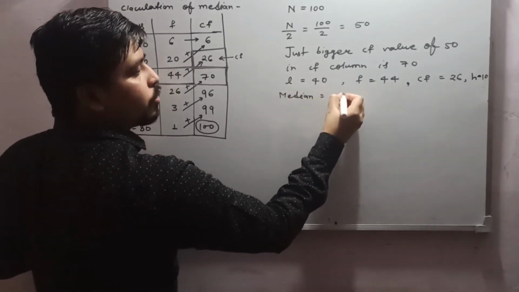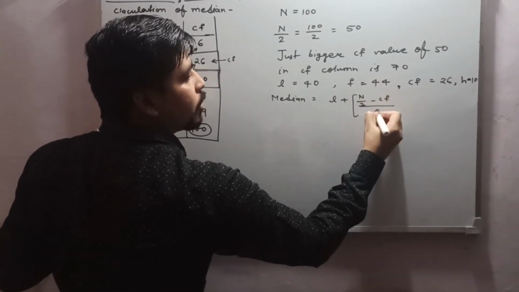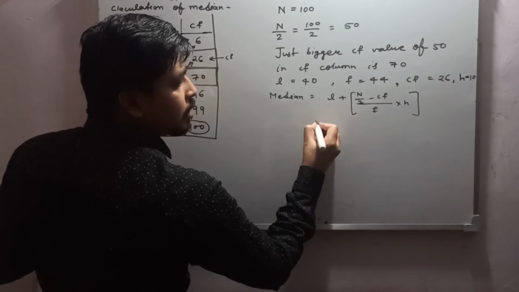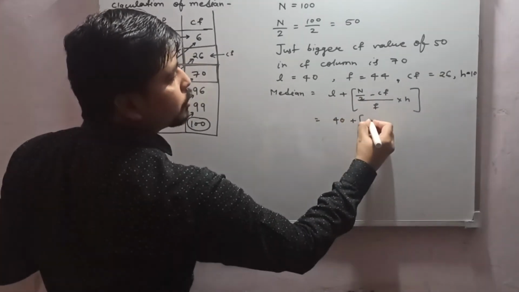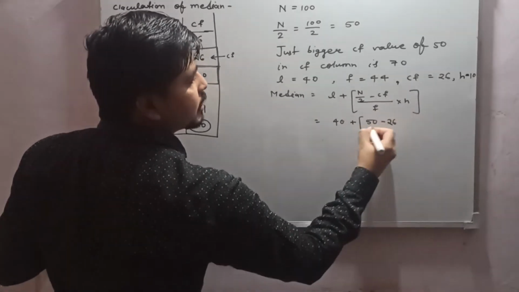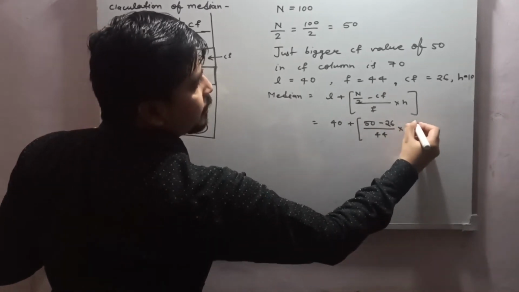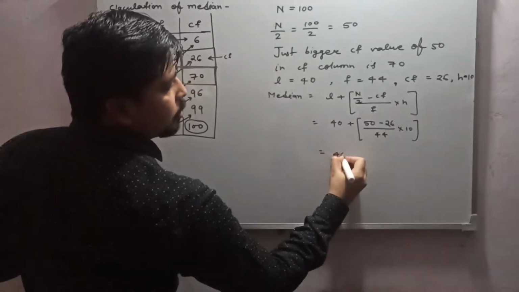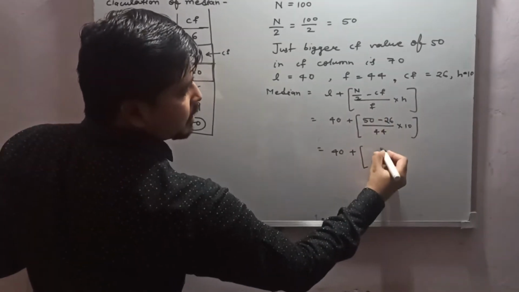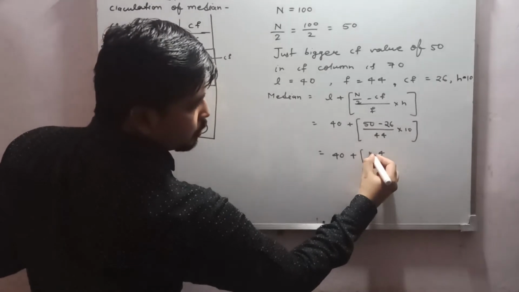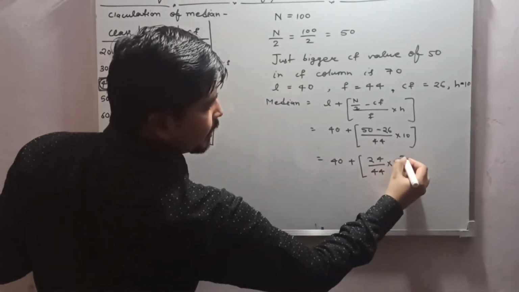Now we will write the formula of median. Median is equal to L plus N upon 2 minus CF upon f, multiplied by h. Put all the values. L is 40 plus N upon 2 is 50 minus 26 upon 44 multiplied by 10. Now 50 minus 26 is 24. So 24 upon 44 multiplied by 10.